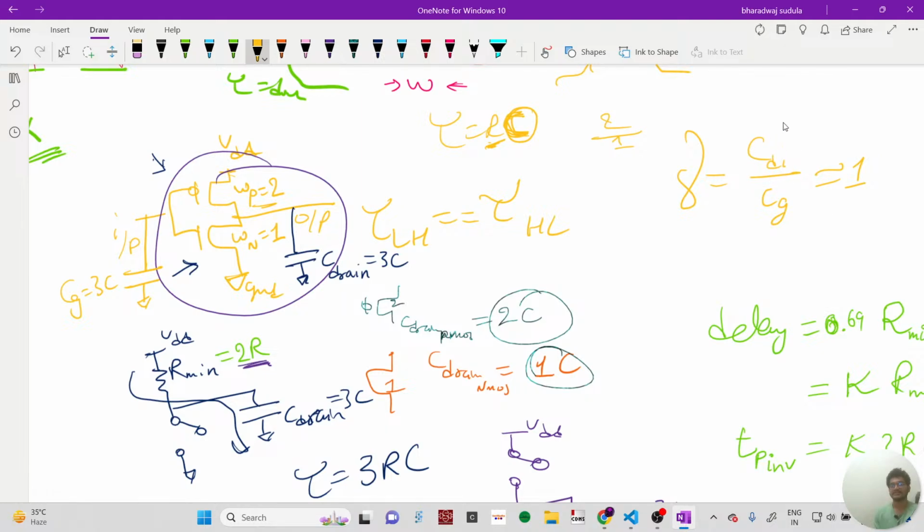We considered diffusion as C, so the unit gate cap will also be C. So it is 3C, because PMOS contributes 2C and NMOS contributes 1C.